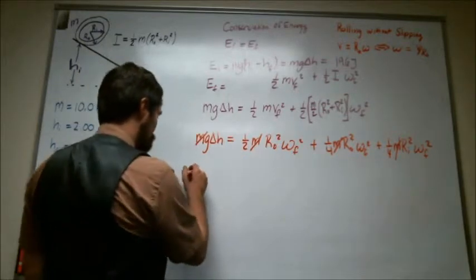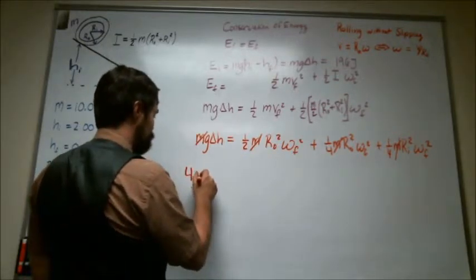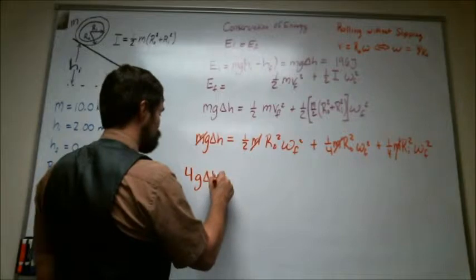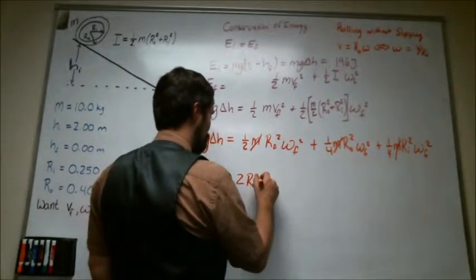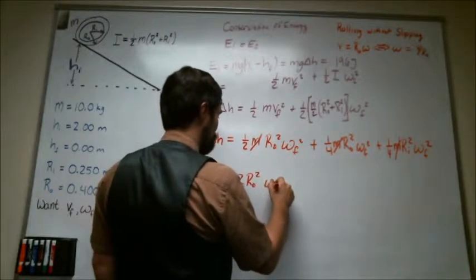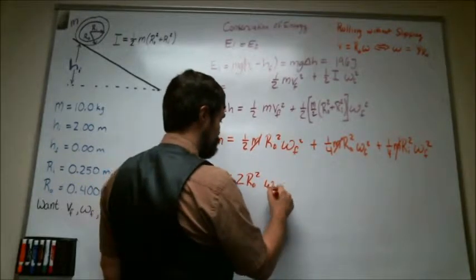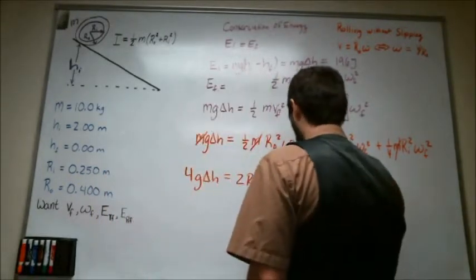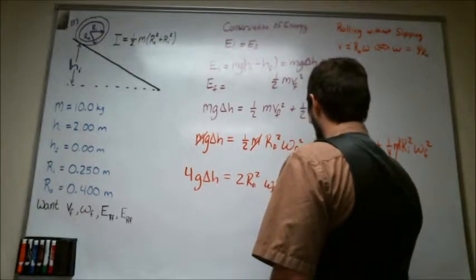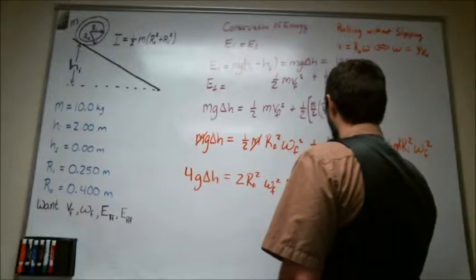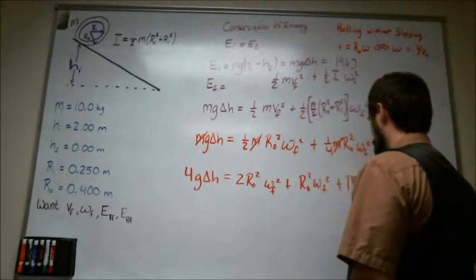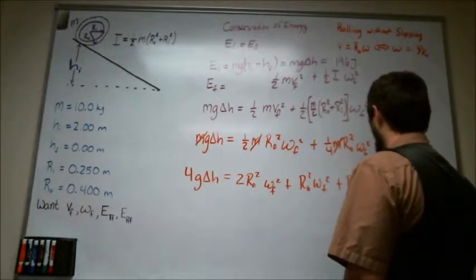So my next line down reads 4g delta h equals 2 R naught squared, outer radius squared times angular speed squared plus 1 outer radius squared omega f squared plus 1 inner radius squared omega f squared.